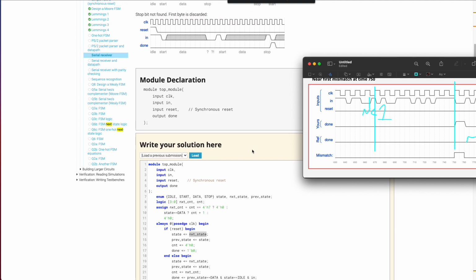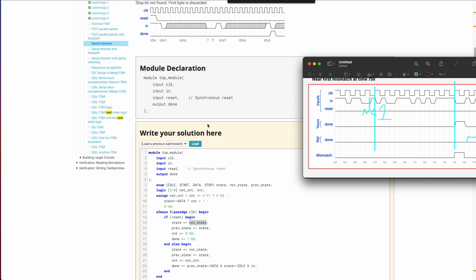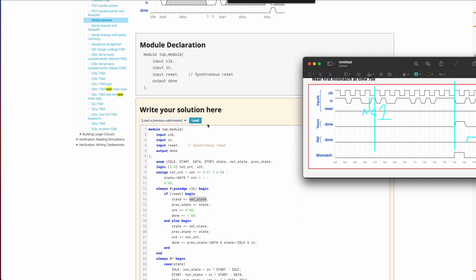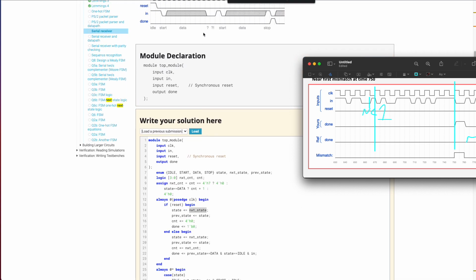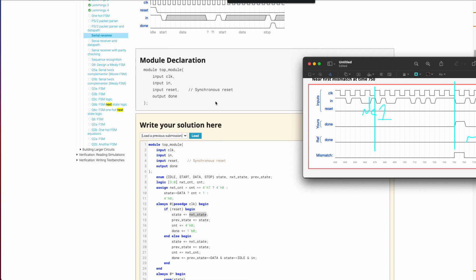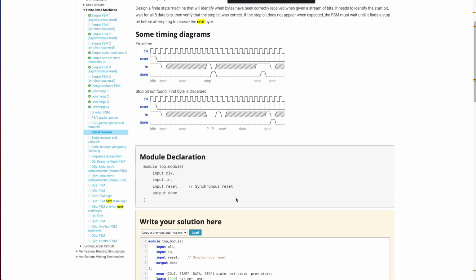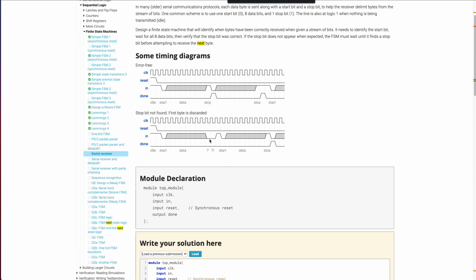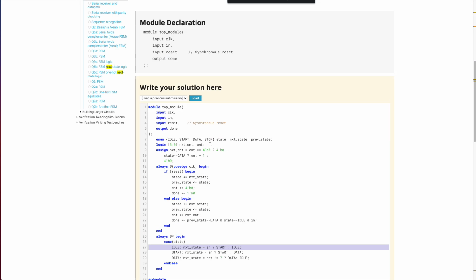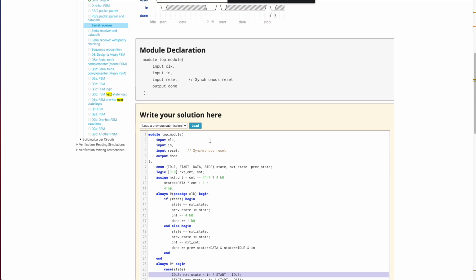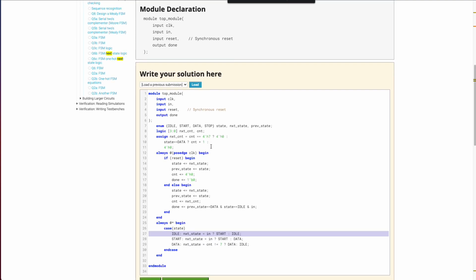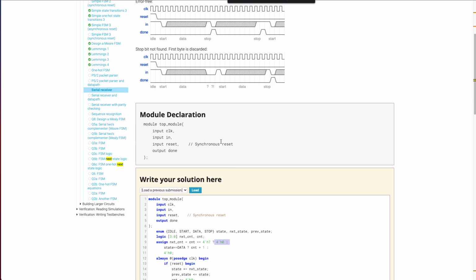So if stop bit isn't found, what happens? So count is 7 and I go back to idle, and I stay in idle. But what happens to the count? It stays 0.